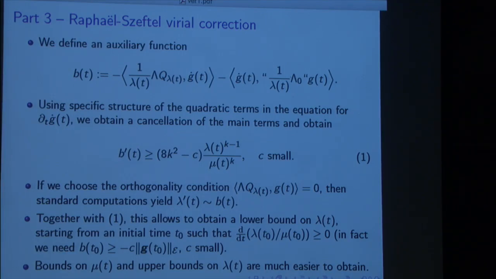So this tells us something about the evolution of any solution which is close to a bubble, not necessarily the special one which was constructed. What typically happens is that a solution can approach the superposition of Q lambda minus Q mu. At some point, lambda will have the minimal value. So there will be a focusing region: for some time interval it would be focusing, lambda attains its minimal value, and then it defocuses again.